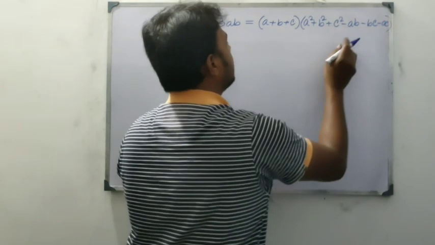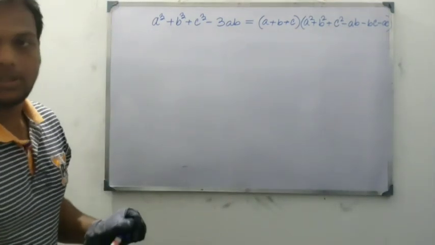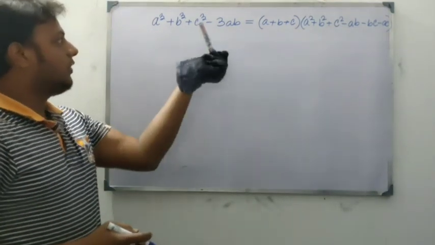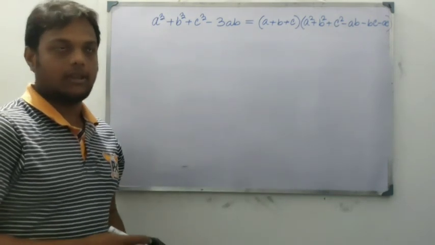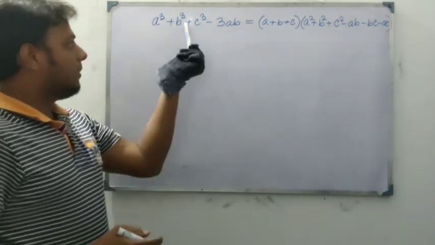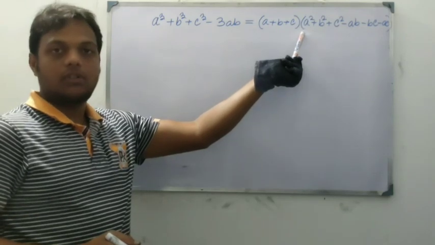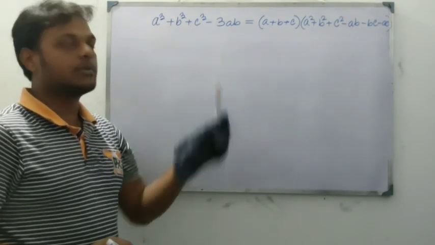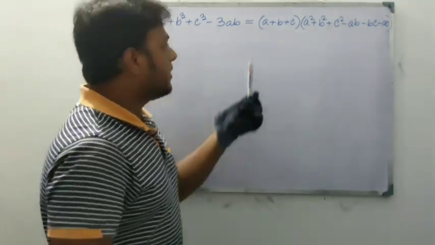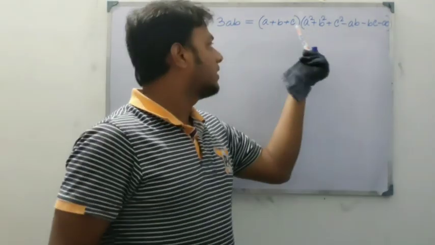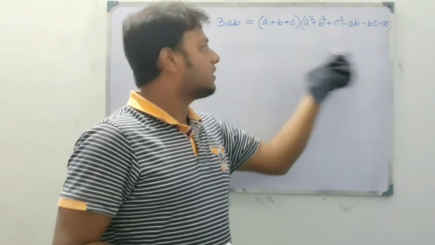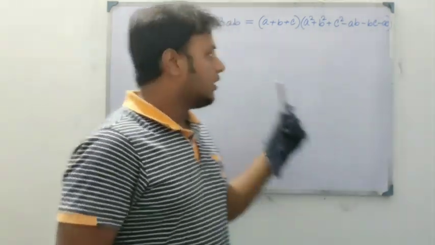Now we have to prove this result. We have to prove that this equals this. Actually this is called the factorized form of this algebraic expression. Factorized form, why? Since this is in multiplicative form. Let's see the first factor into second factor. Okay, now you have to prove it.